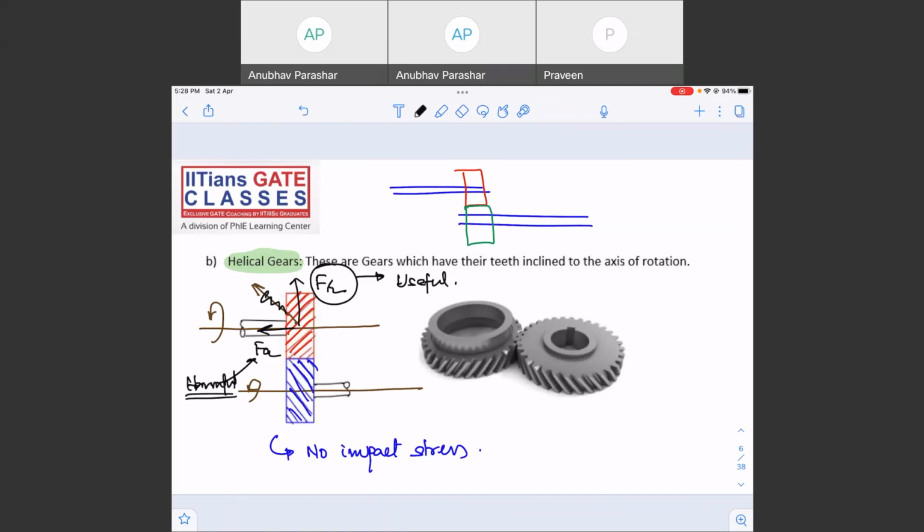It is not causing any help. Instead, it is putting unnecessary pressure on the bearings, which will lead to earlier failure of the bearings. So here we have axial force.